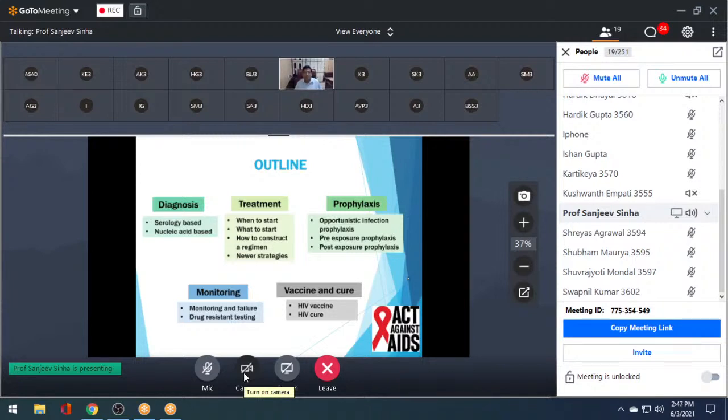Briefly, I will tell you about diagnosis, how to diagnose an HIV patient, what different investigations we have, and then the treatment part: when to start the treatment, what kind of treatment we start, how to construct the regimen, and what the newer strategies are. Then we'll have prophylaxis, like prophylaxis for opportunistic infection and pre- and post-exposure prophylaxis.